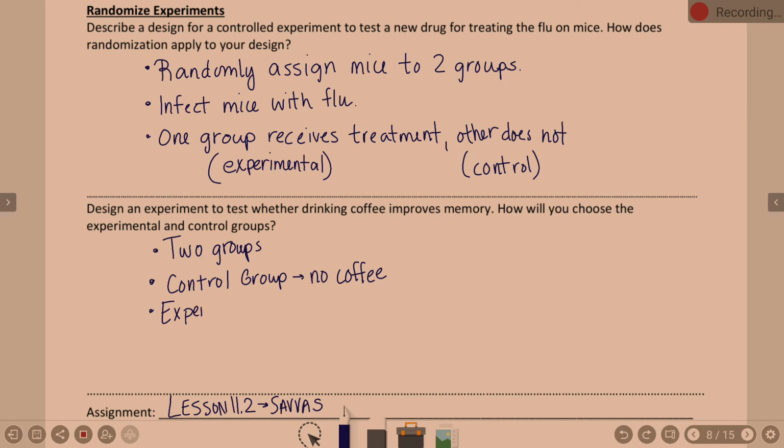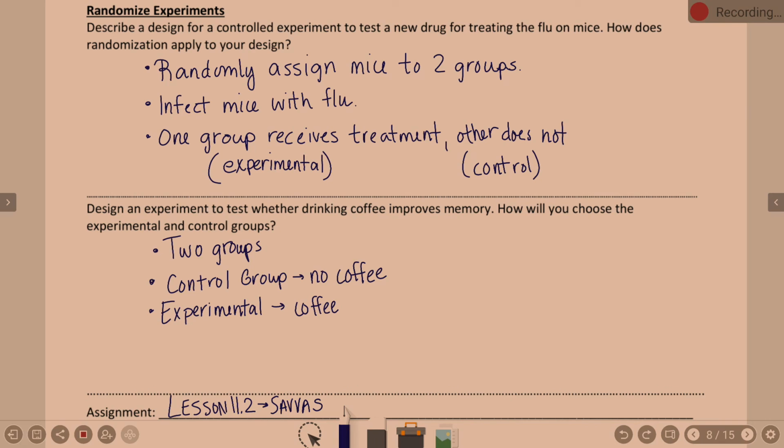Experimental group drinks coffee. I think that would be valid to say. Give memory test at beginning and end and compare results, right? I just have in my notes, give memory test and compare results.